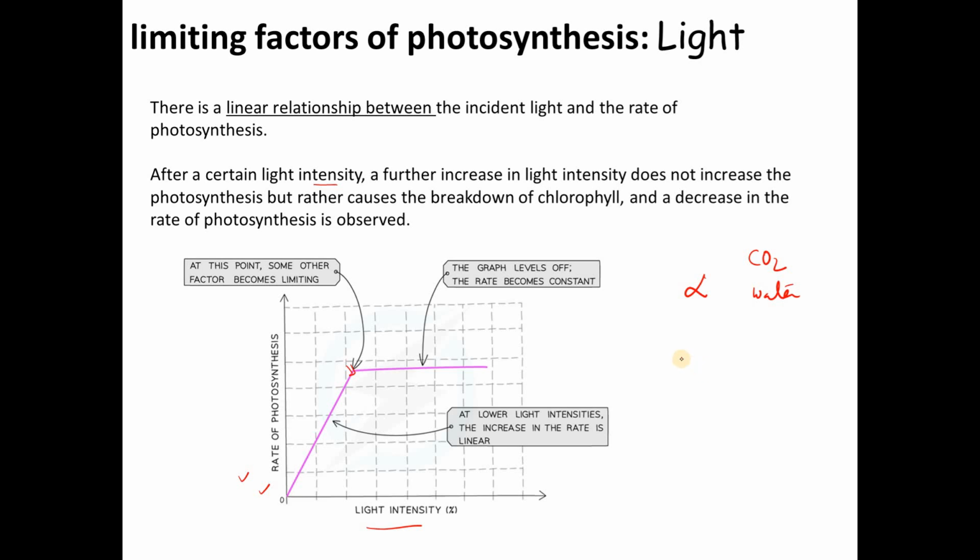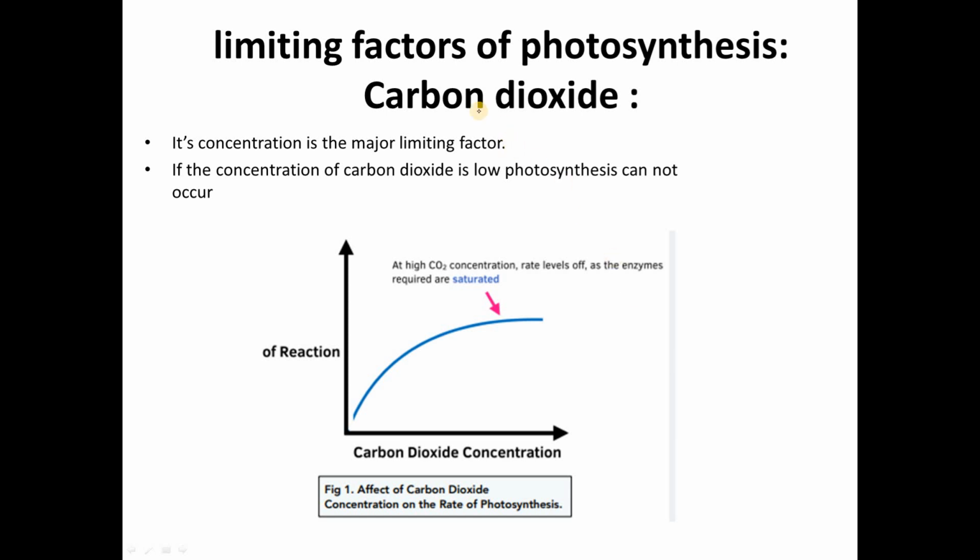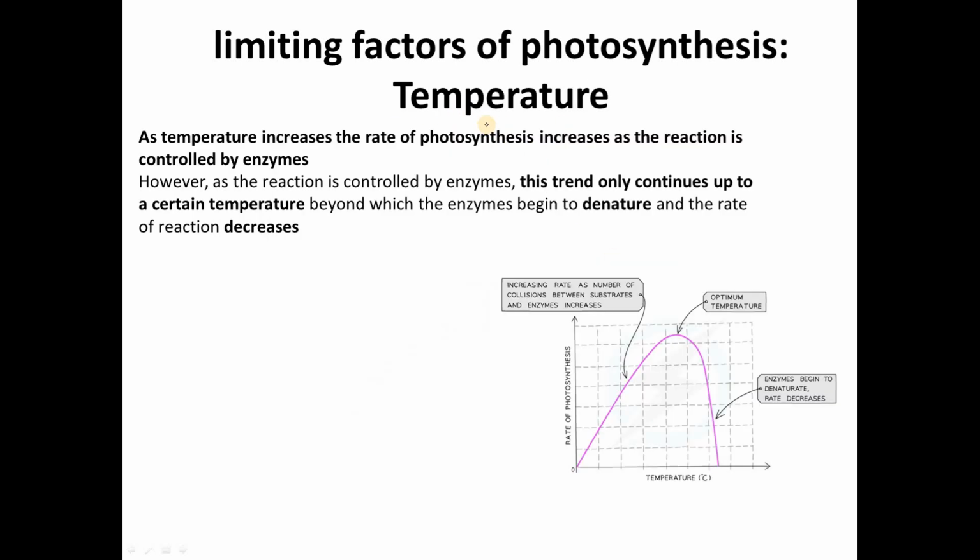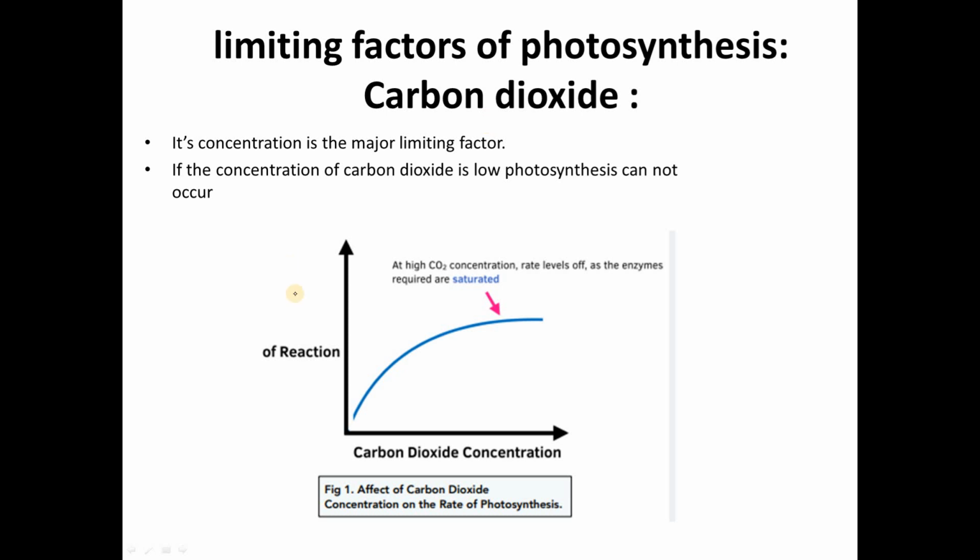Another factor we are going to discuss is carbon dioxide. As you can see from the graph, the rate of reaction increases as CO2 increases. But after a certain point, even though you are increasing the CO2, other factors need to be added.